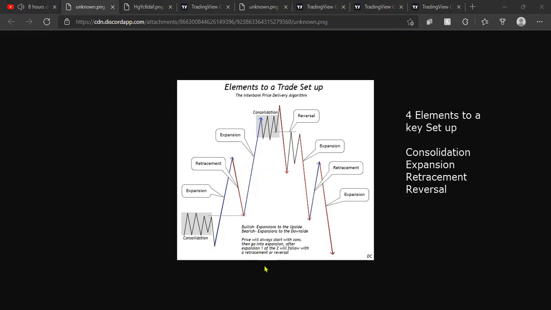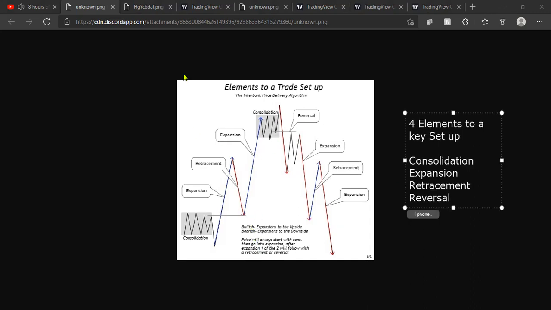That's overall direction. How do you know what the overall direction is? What's the key element for direction? Well, that would be your expansion.